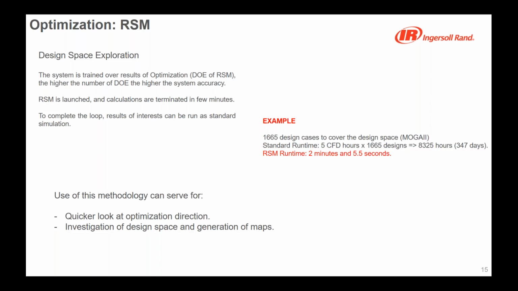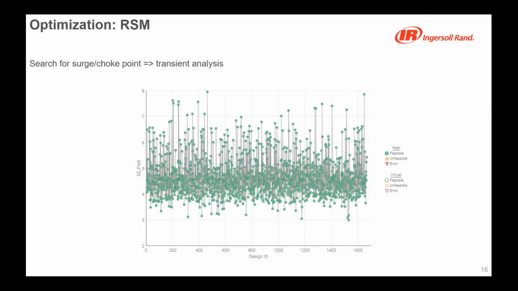And that's what I would like to show now. So, first use. Here you can see the amount of cases run, the 1,665, plotted versus the pressure output at stage 2.